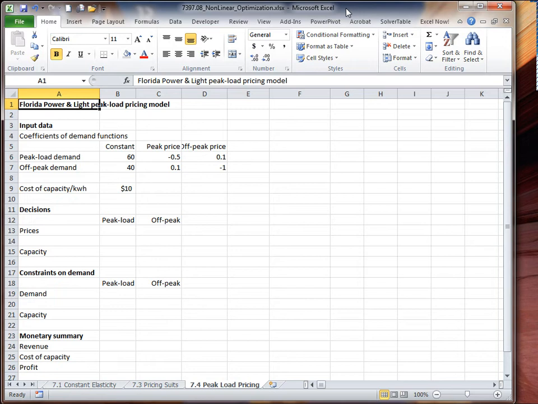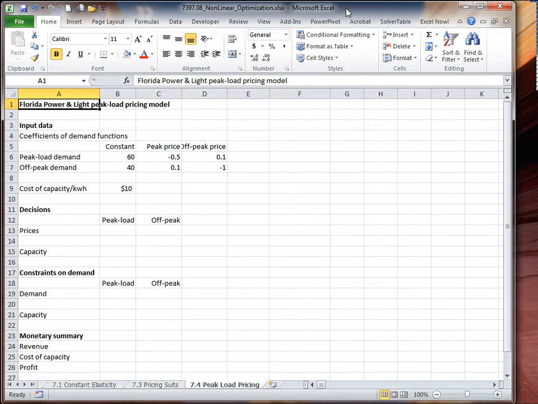So the situation, to recap, is the following. Demand during peak hours and off-peak hours is a function of both peak pricing and off-peak pricing. The problem that FP&L is trying to solve is to figure out how much generation capacity they need to have available.